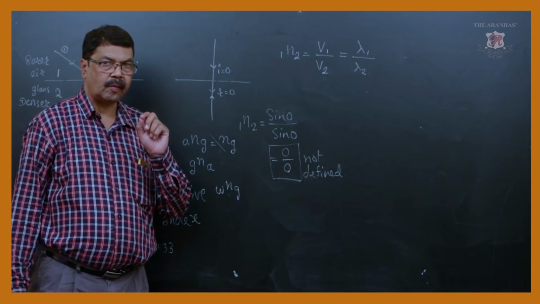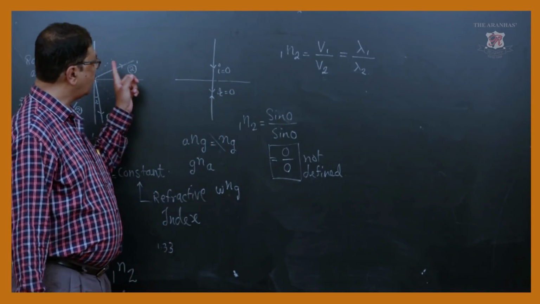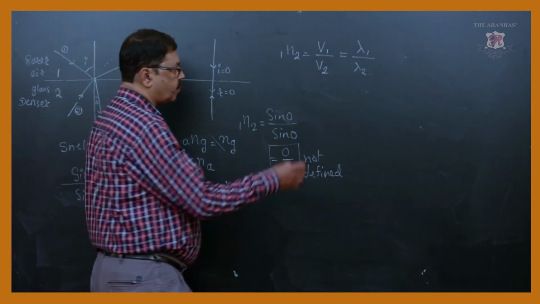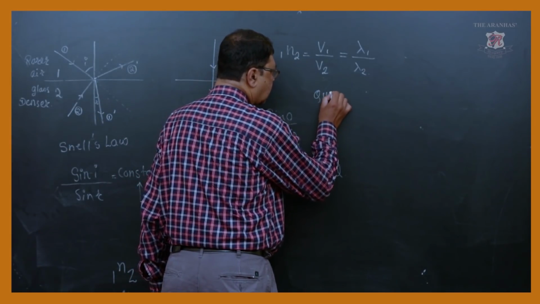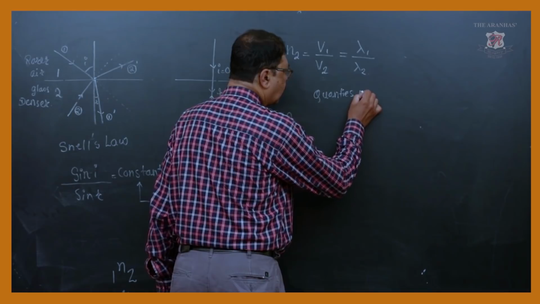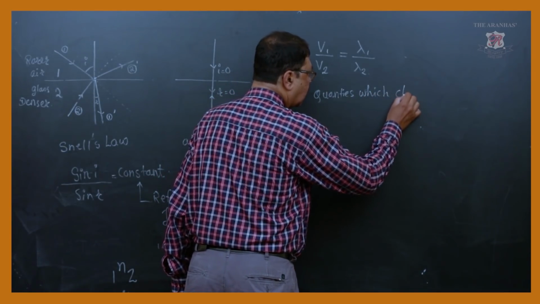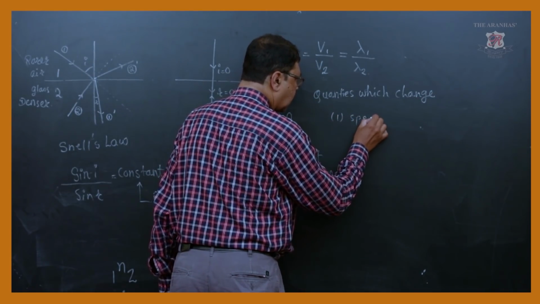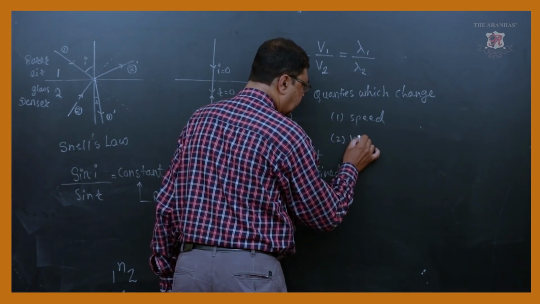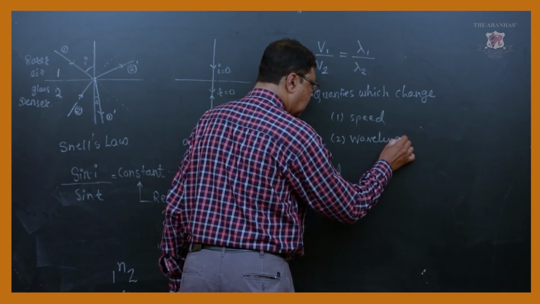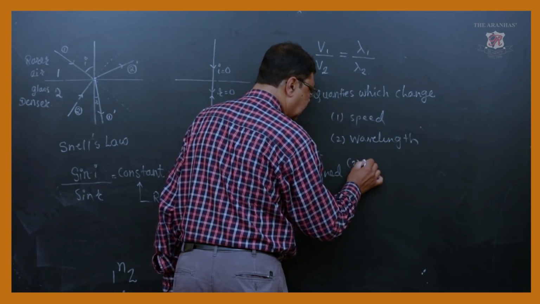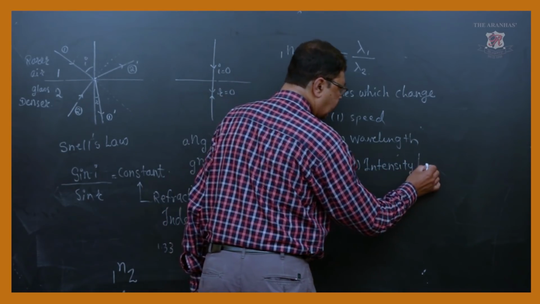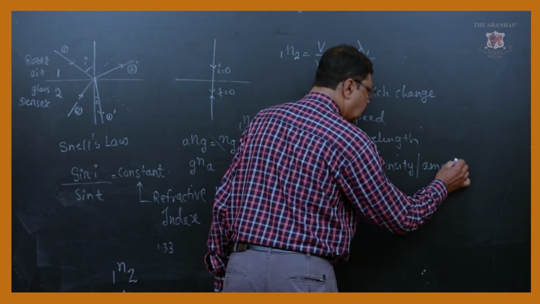In refraction, always remember one thing. When light travels from one transparent medium to the other, which are the quantities that change? Quantities which change are first, speed, second, wavelength, and third is intensity, or if you consider wave, it is amplitude.